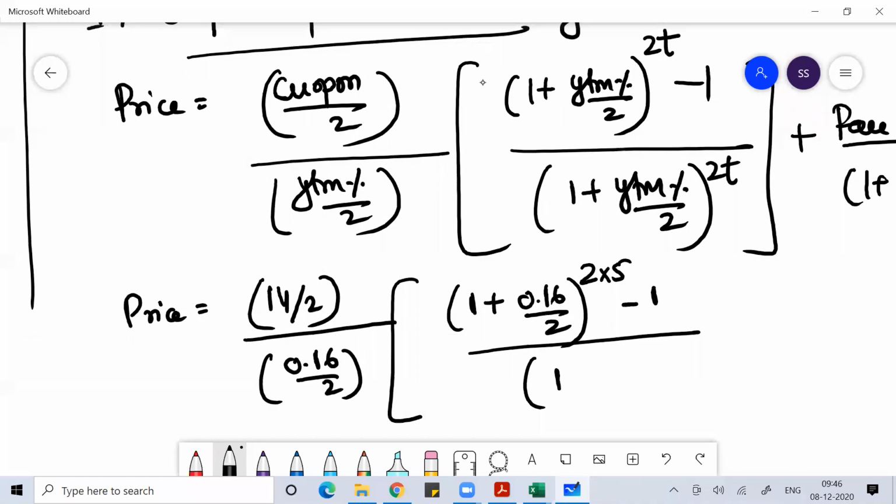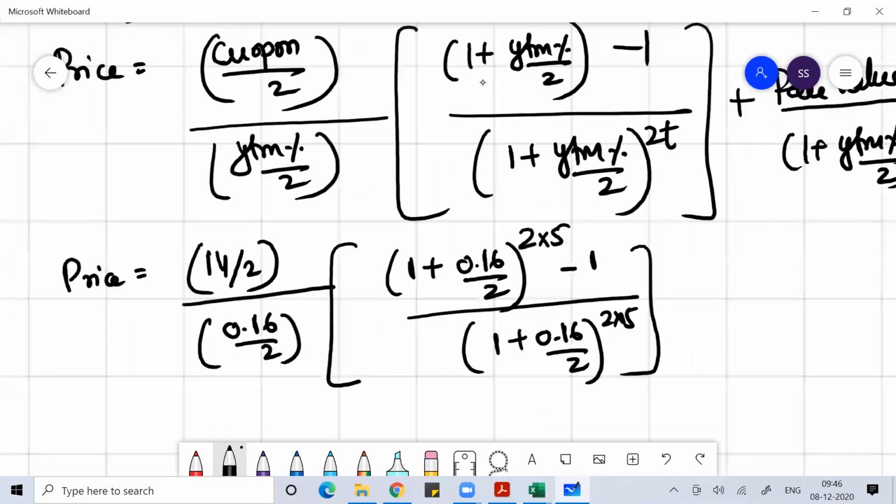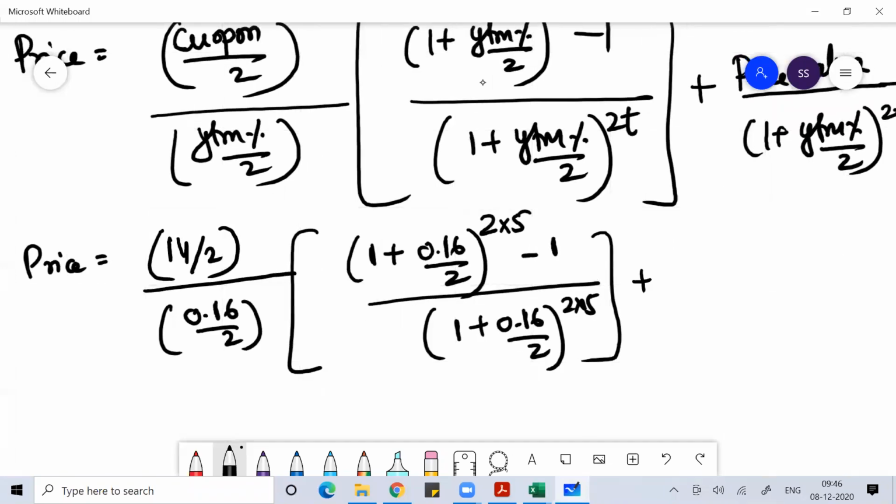This is divided by 1 plus 0.16 divided by 2 to the 2 into 5. So plus face value was 100 rupees, divided by 1 plus 0.16 divided by 2 to the power 2 into 5.